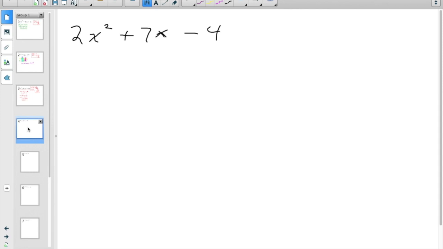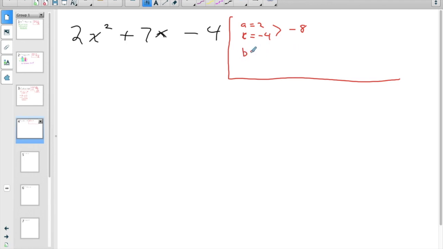The one more that I'm going to look at, I'm looking at because of what my two numbers are going to end up being. So let's pull this out. Our A is 2 and our C, let's do our C first, our C is -4. Those two multiply to give me -8.